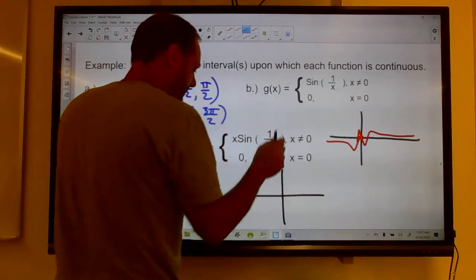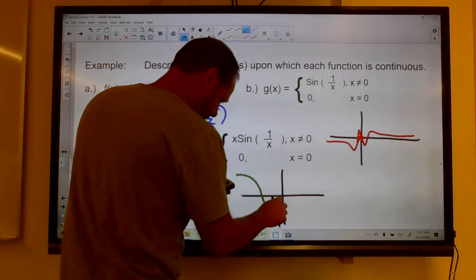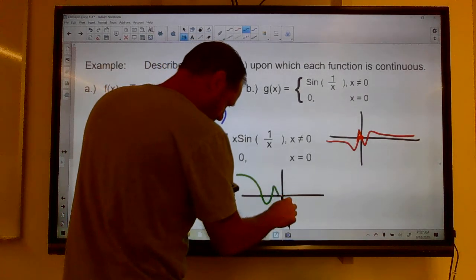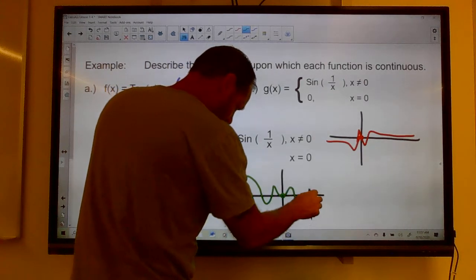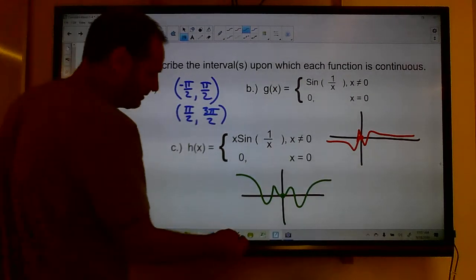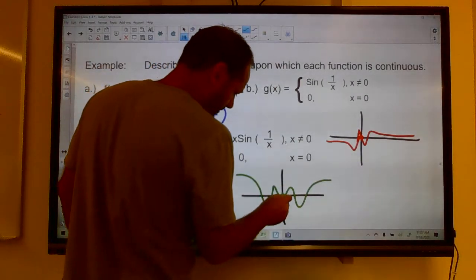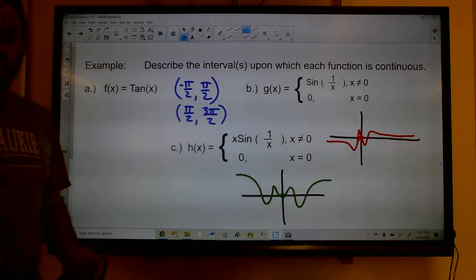And this graph appears to look like this. It's got a hole right here. And again, they're plugging that hole with a 0, so that would be continuous.